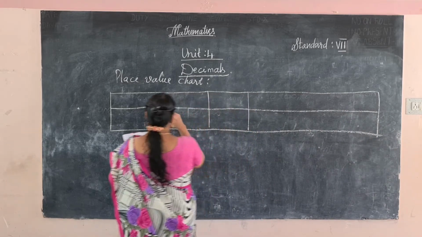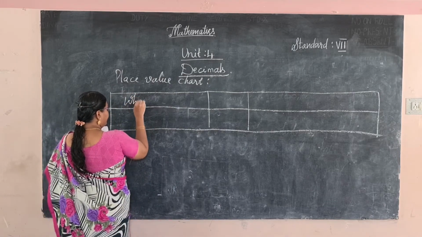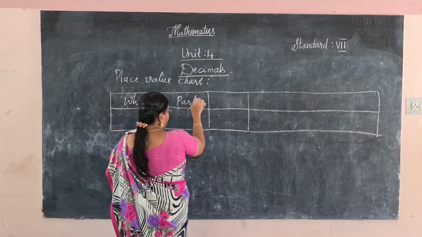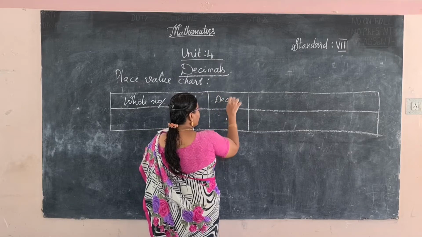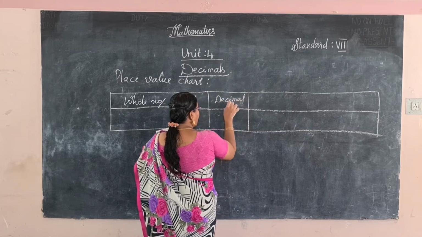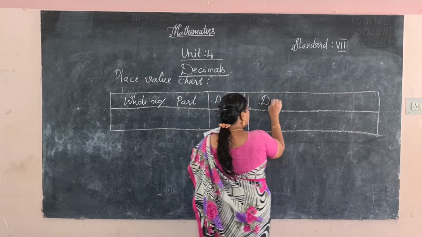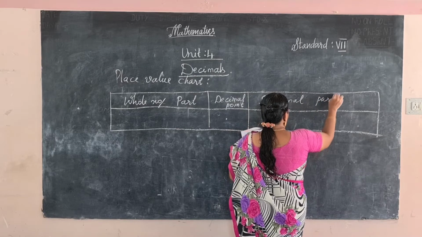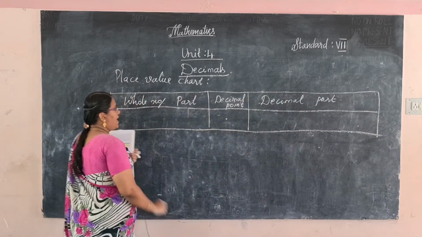So which are the parts of a decimal? First is the whole number part, next is the decimal point, and next is the decimal part. Listen carefully. This also we have learned in the last year.